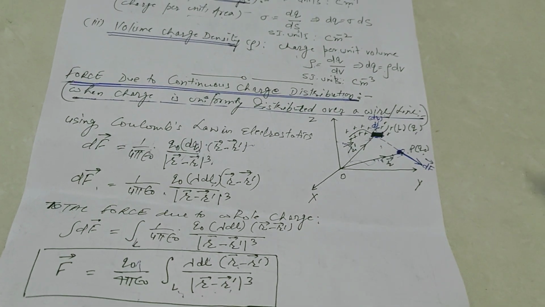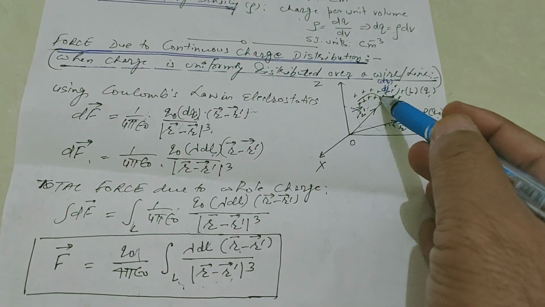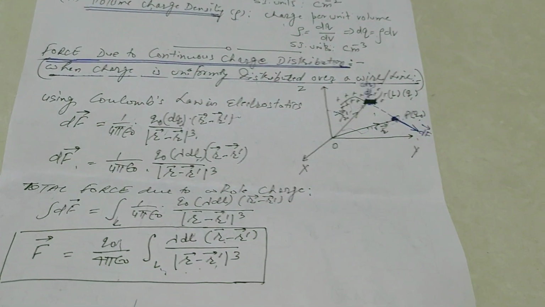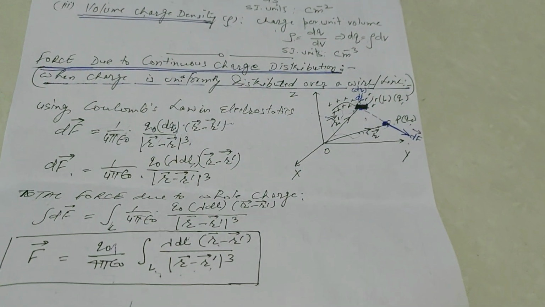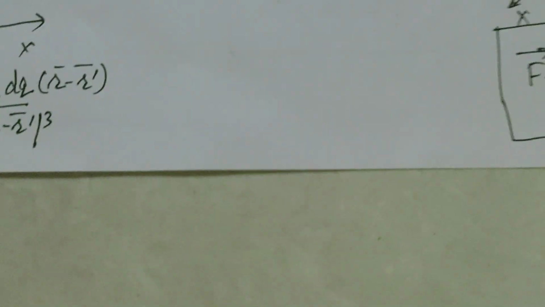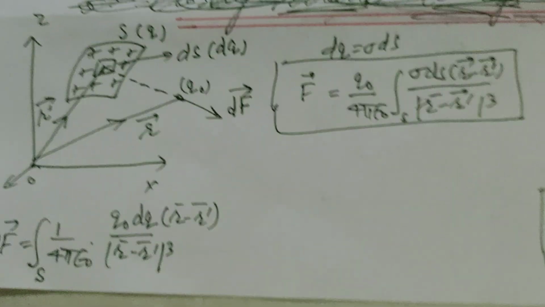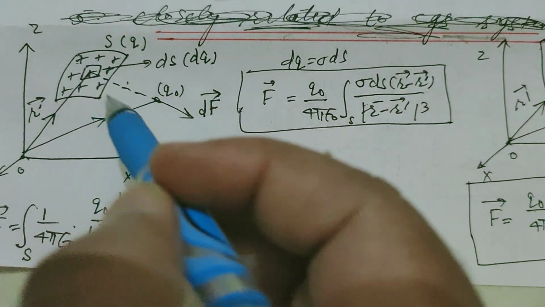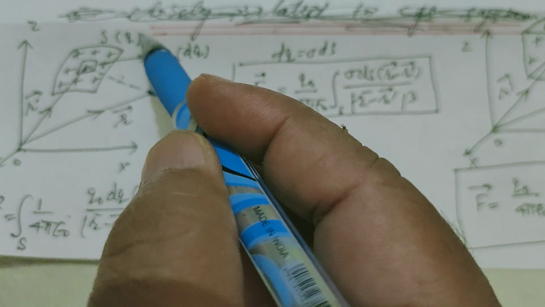Now here in this article, the force we have calculated is due to charge that was distributed over the length of a wire. Now instead of a wire, if charge is uniformly distributed over a surface, then the same article repeats itself. This is total surface S on which charge Q is there.